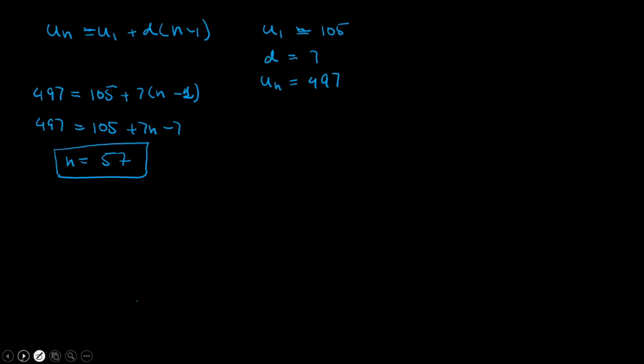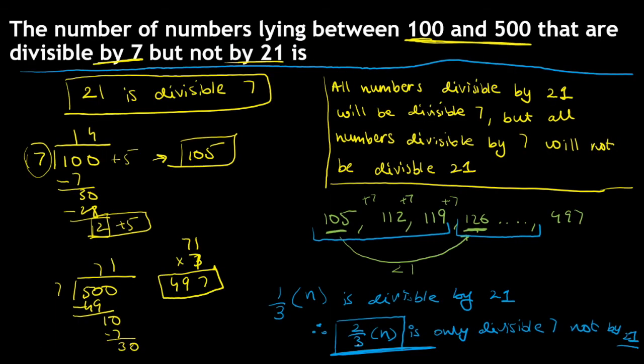So in the previous slide, I had said one-third of n is divisible by 21, right? Because we saw that in any set of three consecutive numbers of the sequence, one of them was always divisible by 21. Why? Because 3 times the common difference gives us 21, which gives us a new common difference of 21.